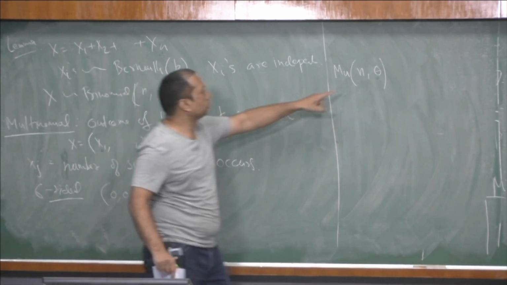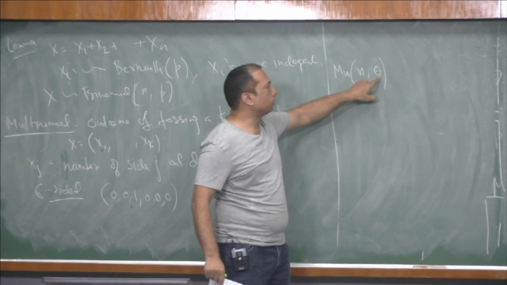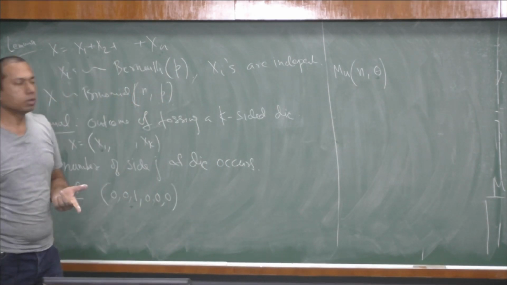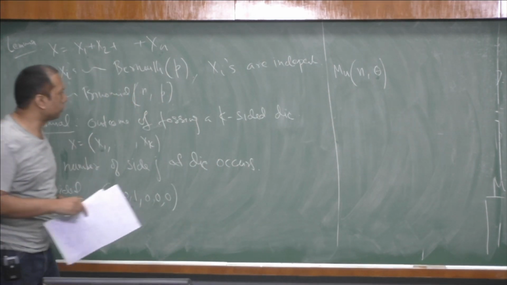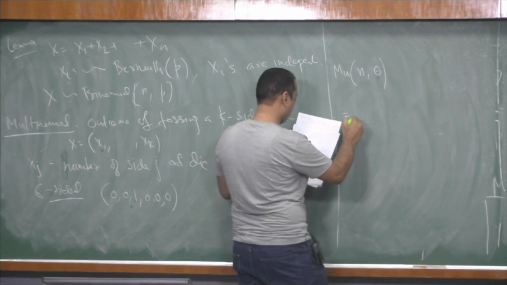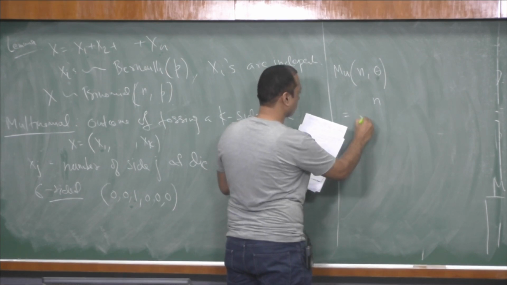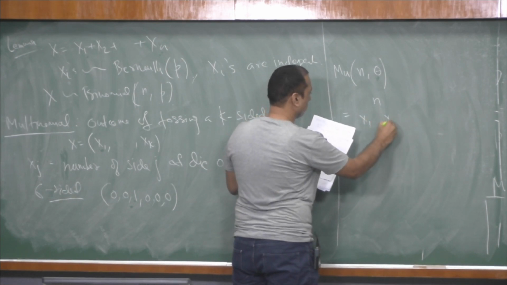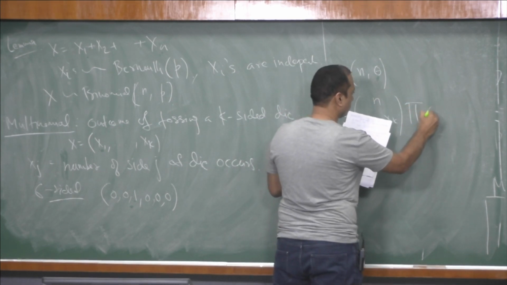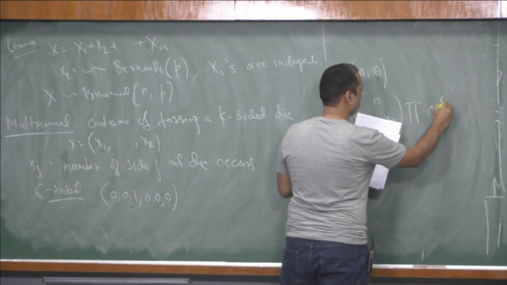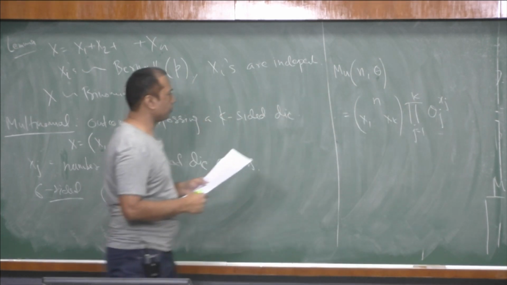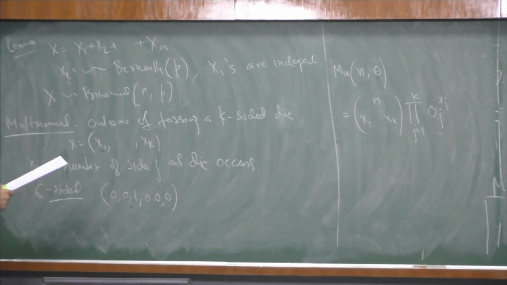But we can generalize this: theta 1 is the probability that 1 appears, theta 2 is the probability that 2 appears, but not necessarily 1/6. So we can write this as n choose x1 through xk, times the product of theta j to the power xj, for j equal to 1 to k. That's how we define the multinomial distribution.